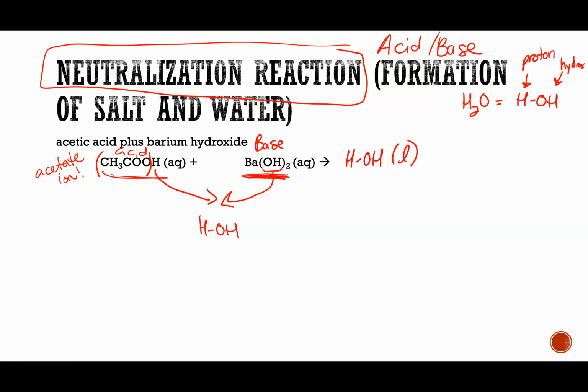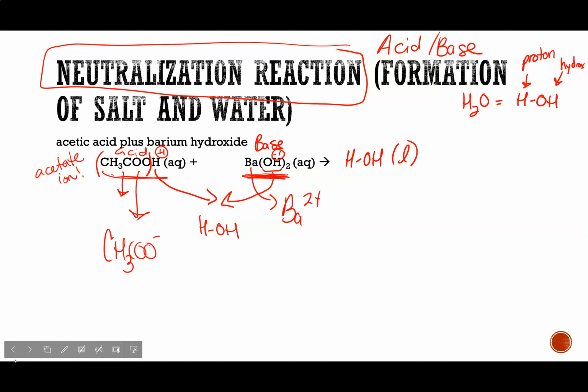The other thing that I know is that since this is a +1 charge, that hydroxide is a -1 charge, and there are two of them, what I know about barium is that it has a 2+ charge, and I know that this acetate, using the clues that I have, is a -1 charge. So when I join these two together, I'm doing a double displacement reaction just like I did before.